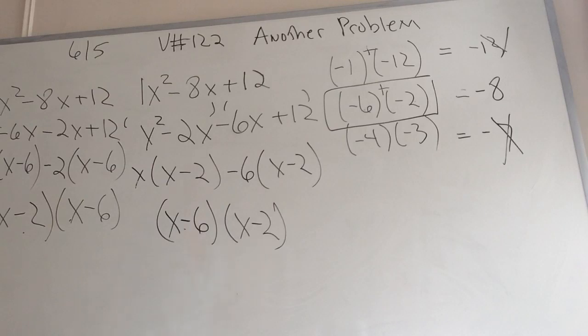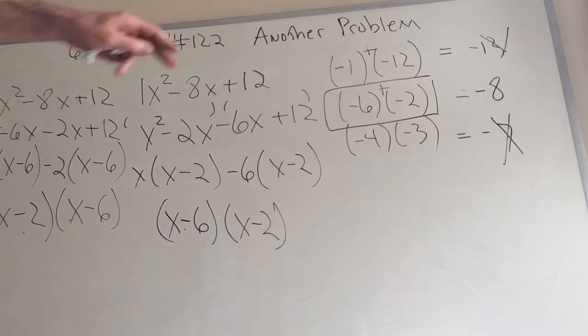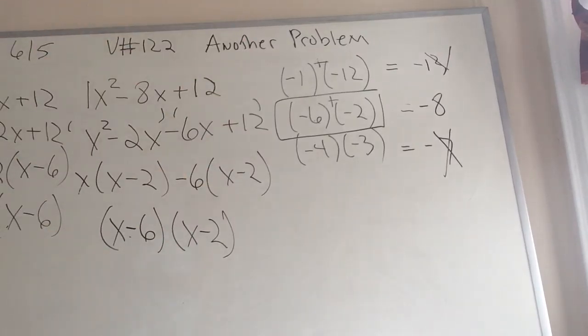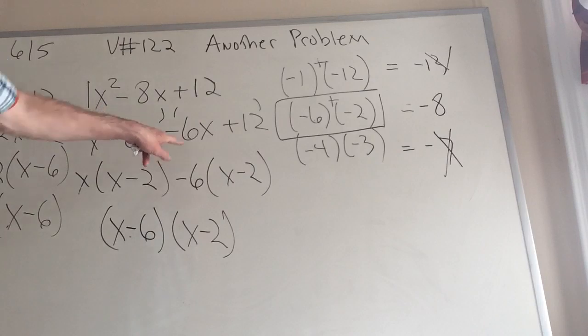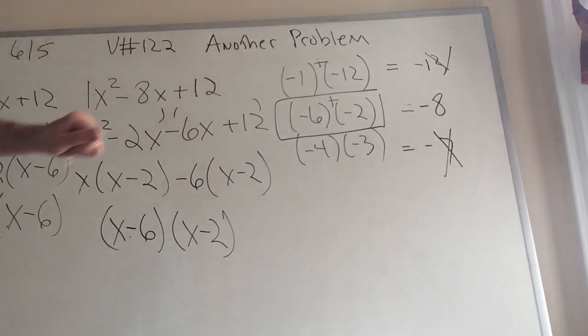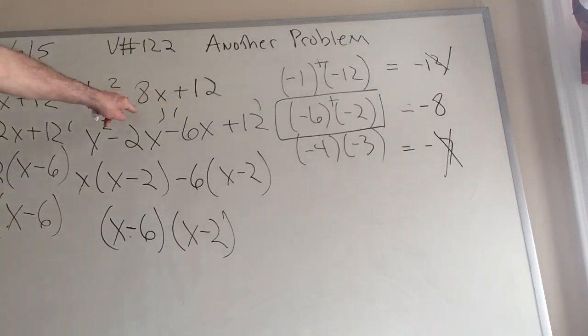I'm not going to get into cases like that now. And then over here in the corner, I wrote out pairs that work, dual pairs, because we have to add these together. And when I added up the other factors of positive 12 with 2 negatives, I got numbers that didn't match the middle one. So that's the best I can explain it. We'll do another example when we get a chance.